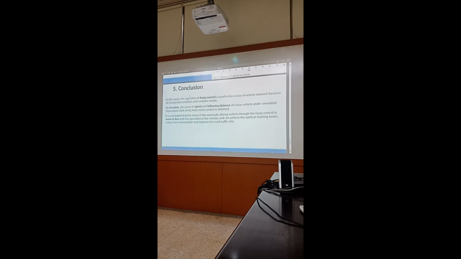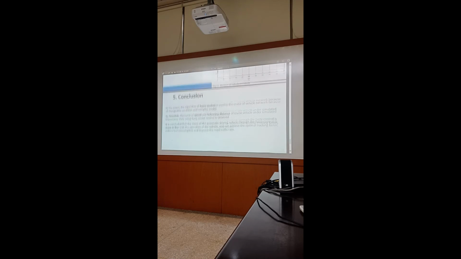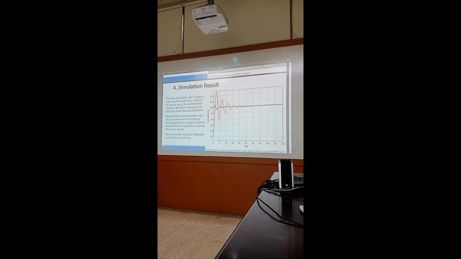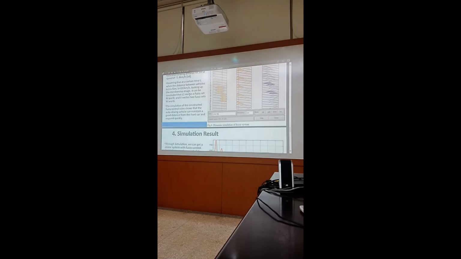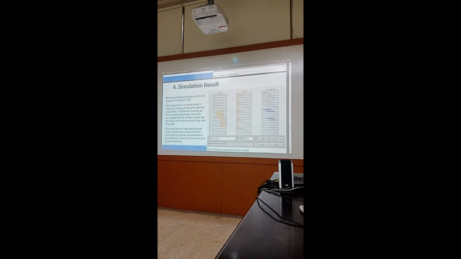So what is the safe distance? He has defined the safe distance. The paper just refers to this paragraph. The safe distance from vehicle to vehicle is in this one.